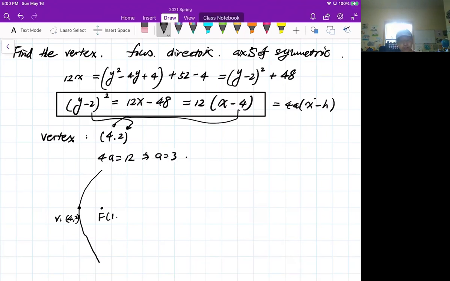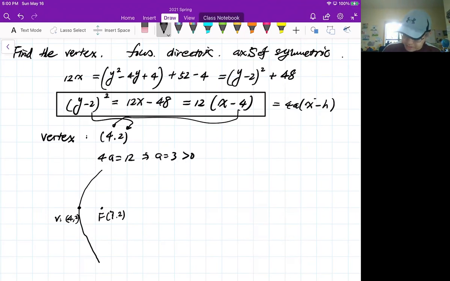So the x value of the focus will be 4 minus 3, which is 1. Well, actually it's a plus, okay? It's 4 plus 3, right? So the focus will be (7, 2). By the way, how do I know the parabola opens to the right? Just because a is bigger than 0.